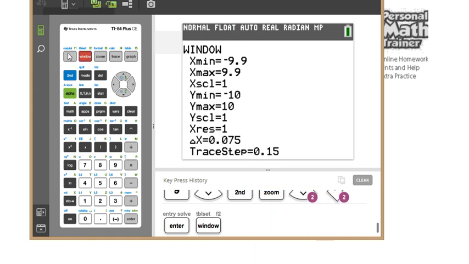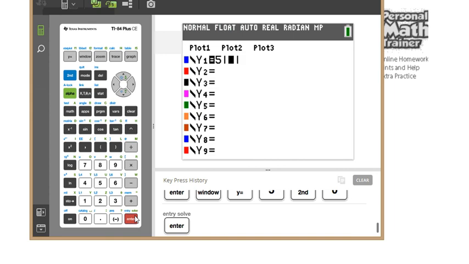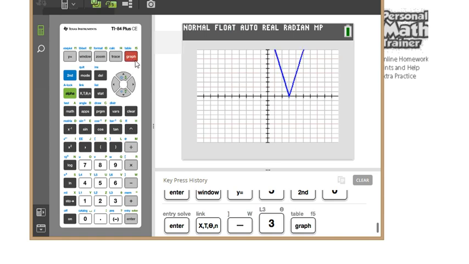But anyway, we go to y equals, and we put in 5 times quantity, and we go to second catalog, enter, and we're going to have x minus 3, and we don't have a k on the outside, so when we press graph, we should see what we get here.